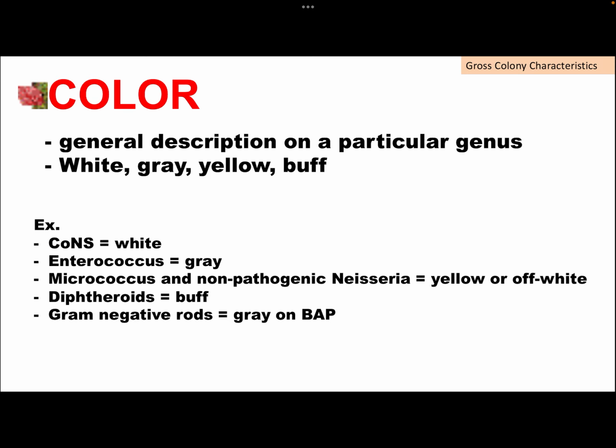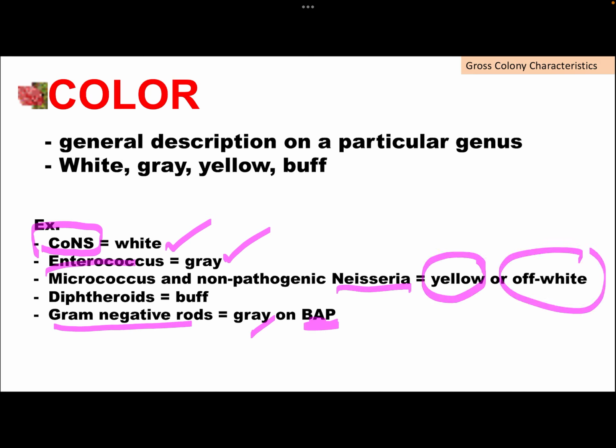Here are other examples. Coagulase-negative staphylococci are white. Enterococci are gray, just like gram-negative organisms, also on blood agar. Micrococcus and non-pathogenic Neisseria are usually yellow or off-white, and diphtheroids are buff.